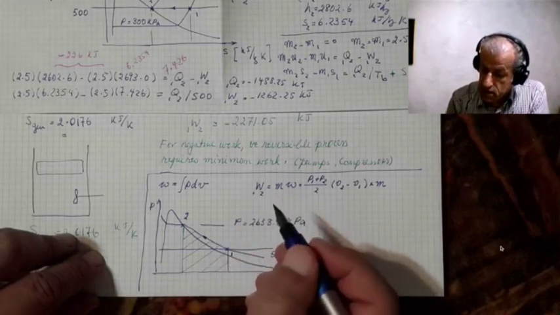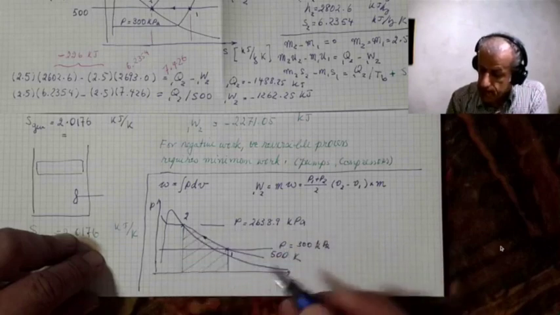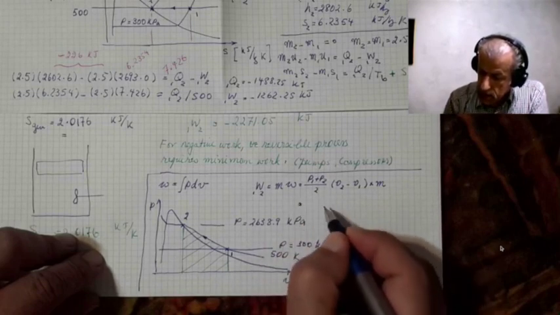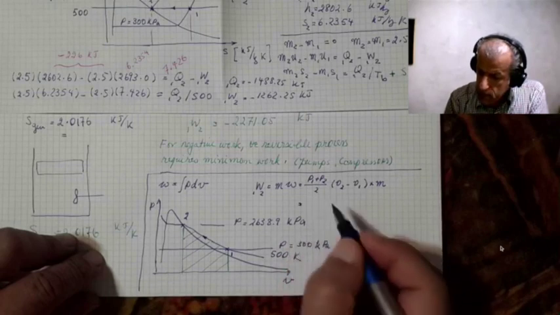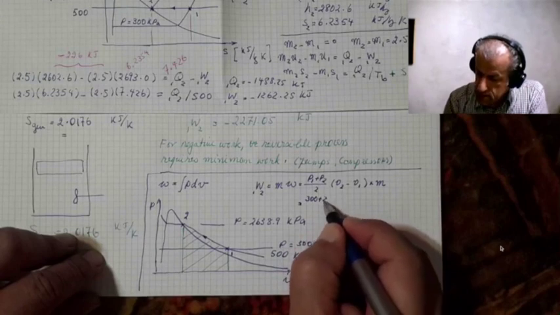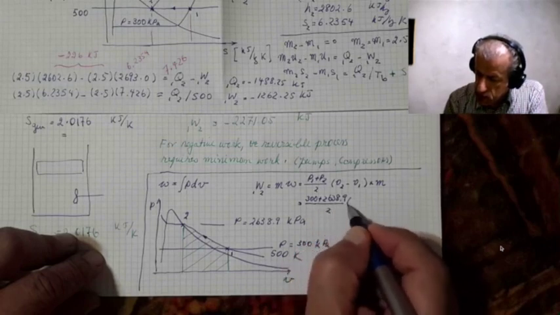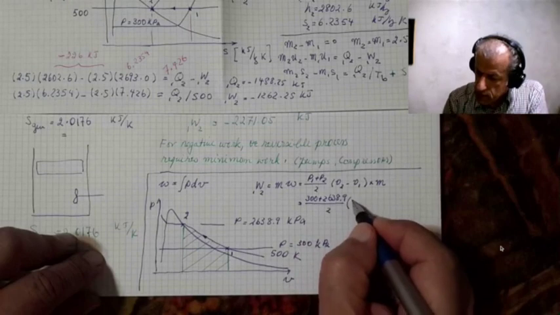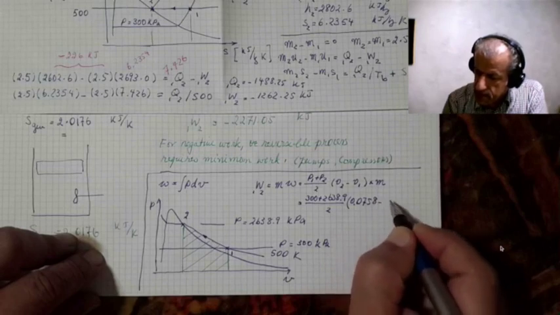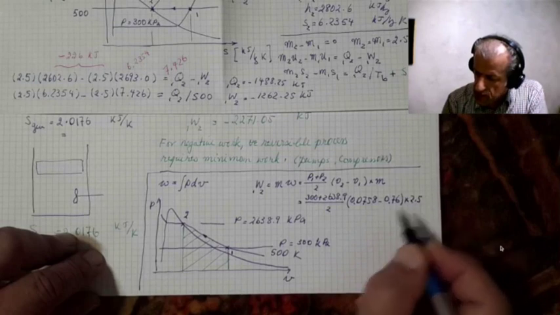So for a straight line, if you put values to it, this would equal 300 plus 2638.9 divided by 2 times V2, which is 0.0758 minus 0.76 and times 2.5.